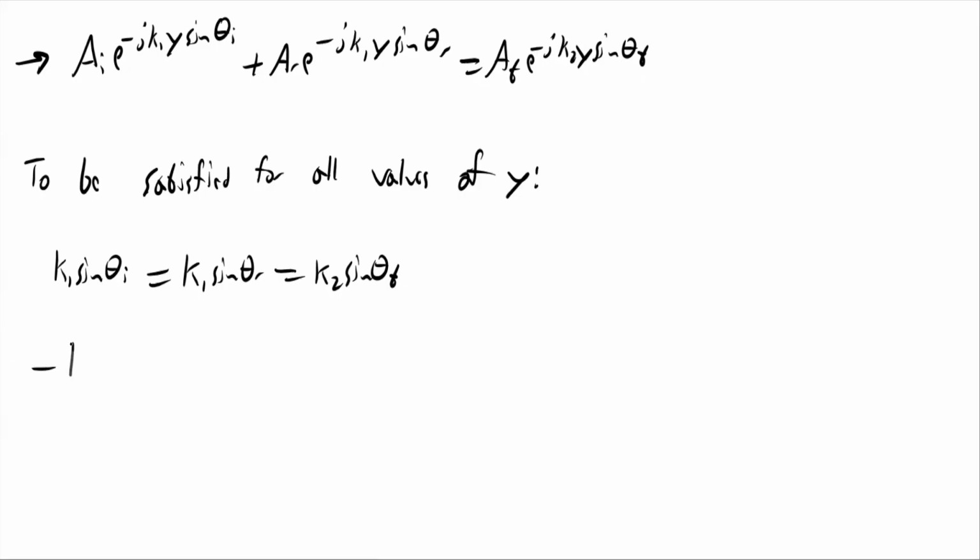The first is known as the law of specular reflection. If we look at medium 1, we see that k1 is equal in both of those cases. Therefore, sine theta I must be equal to sine theta R. So what does this say?